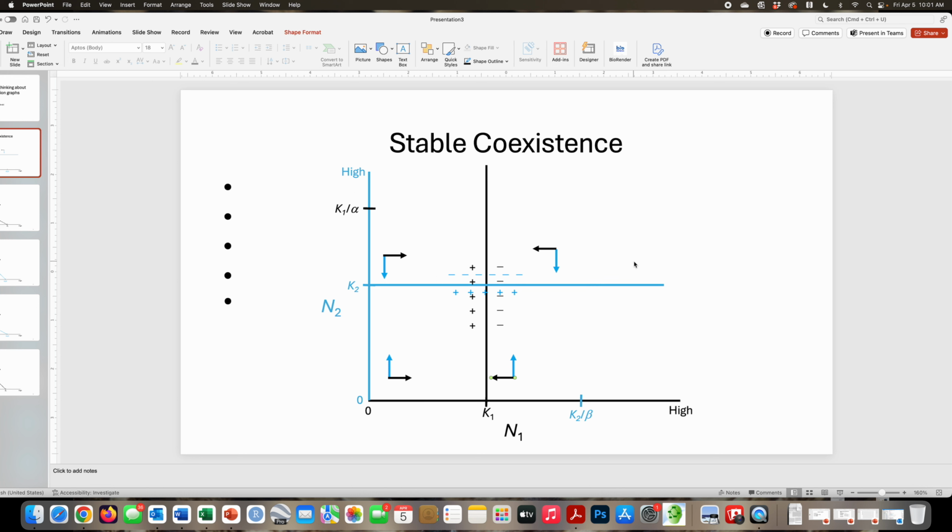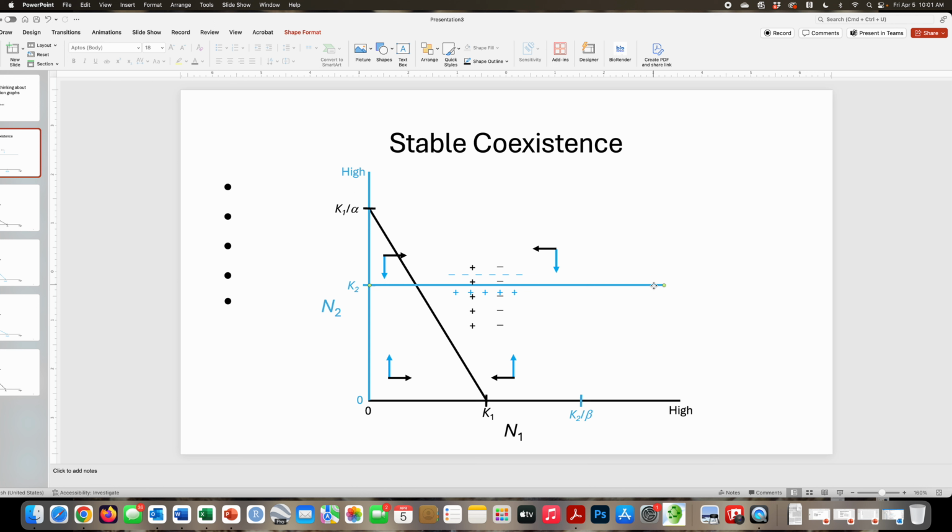And this would be the situation if the 2 species were not in competition with one another. But what happens during competition is that species 2's presence takes species 1's carrying capacity and reduces it until finally there are so many individuals of species 2 that species 1 is driven to extinction.